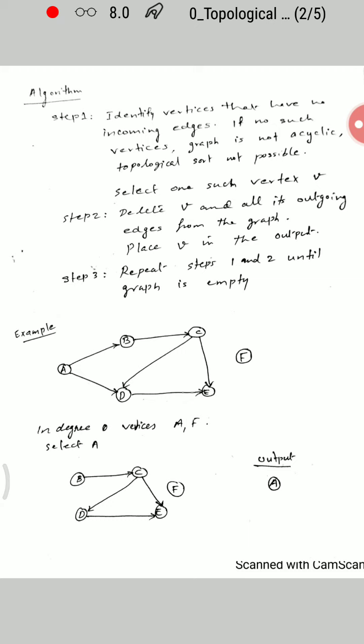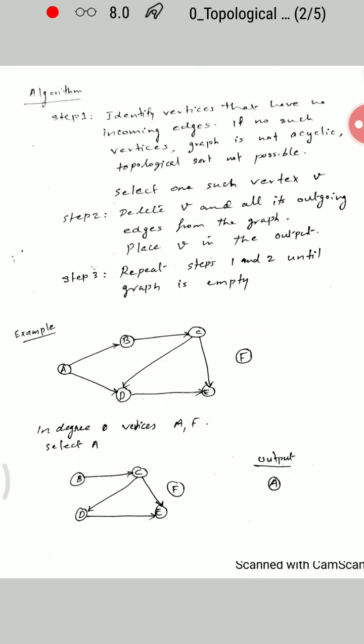Once you identify such vertices whose in degree is 0, you will select one. Then you have to remove the selected vertex and its outgoing edges from the graph. Then you will get a new graph. Then you have to output the selected vertex. And you will repeat these steps until the graph is empty.